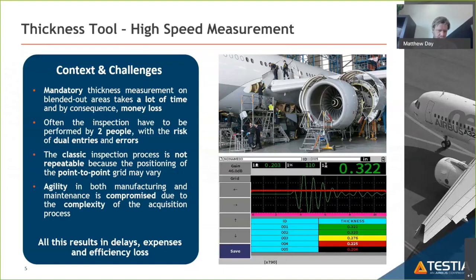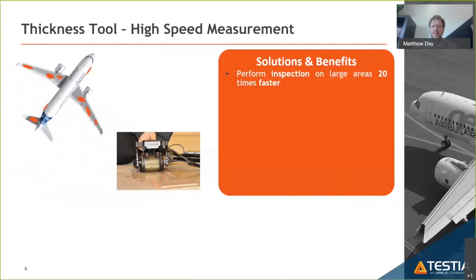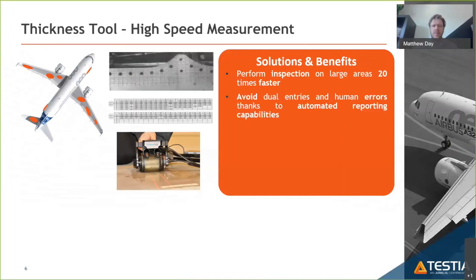So, what are the solutions and what are the benefits? We can perform inspections on large areas 20 times faster than the current approach on fuselage and wing inspection. We avoid dual entries and human errors thanks to automated reporting capabilities.